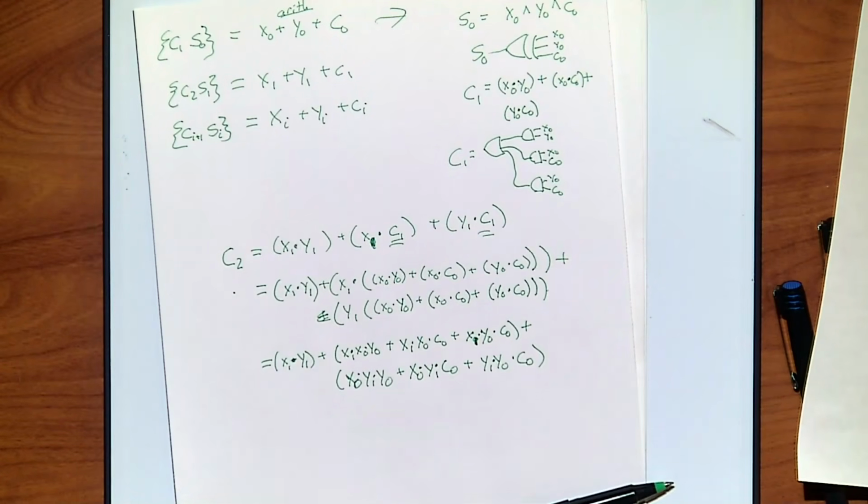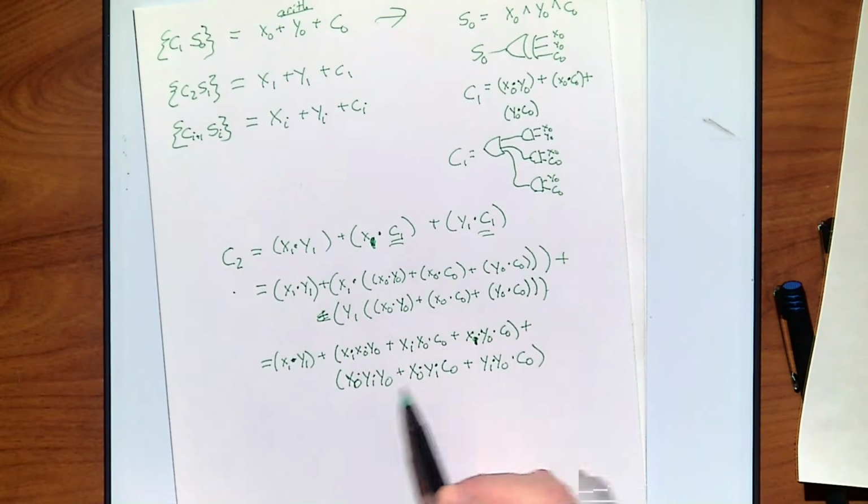Now, is this two levels of logic? How big are your gates? These parentheses aren't needed, because they're not separating any orders.